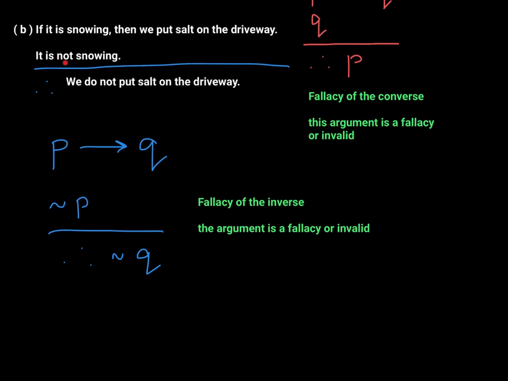Just because it's not snowing does not necessarily mean we will not put salt on the driveway. Maybe we want to put salt on the driveway for some other reason. So, again, just because it's not snowing does not necessarily mean we will not put salt on the driveway. All right, so I love all the logic here. It's a lot of fun.